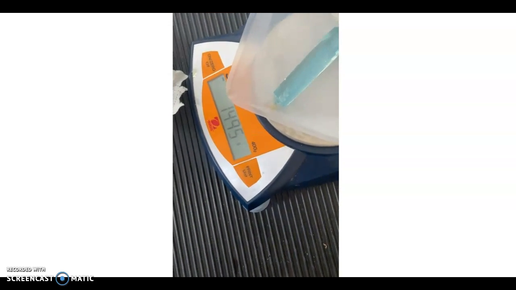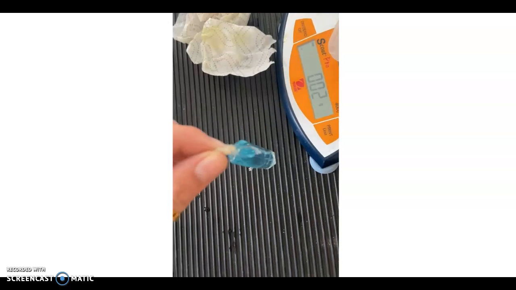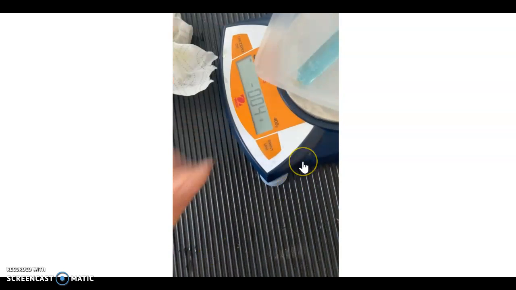The mass was about 15.04, 15.05 grams before being submerged.